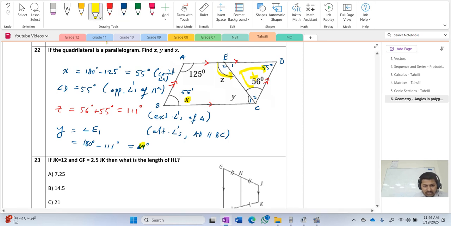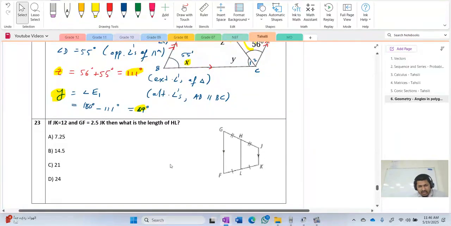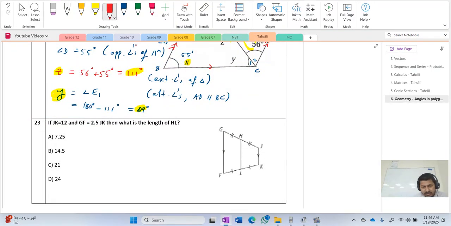That's 2.5 times 12. 2 times 12 is 24, and half of 12 is 6, so that gives me 30. To find HL, it's going to be 12 plus 30 divided by 2. So you're getting 42 divided by 2, which is 21. So the length of HL is 21. So the answer is C.